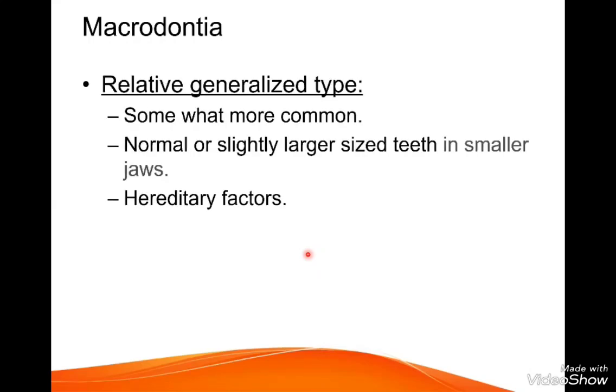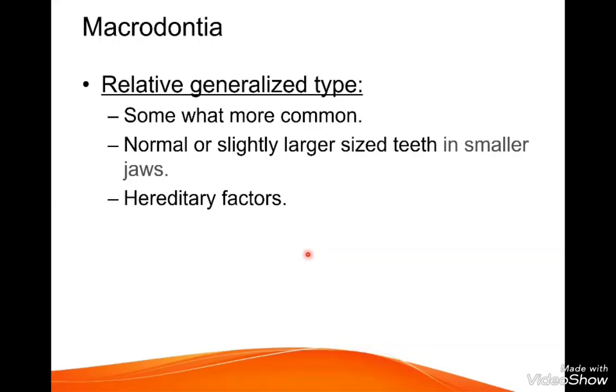And relatively generalized type, as I had mentioned earlier, the size of the teeth is usually slightly bigger or normal, but the size of the jaw is small. Because of that, it gives an impression that the teeth are bigger.